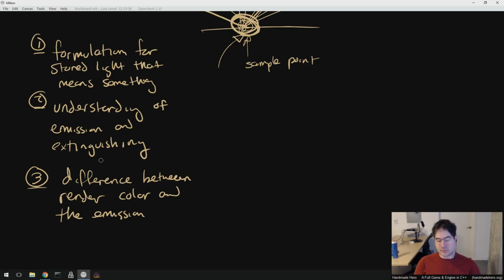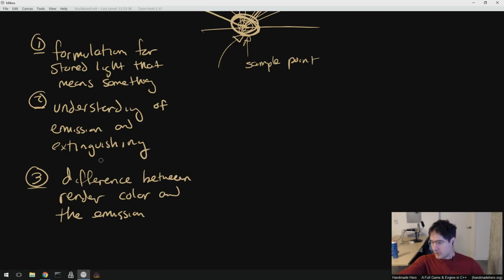Now, that result is the same result that we use to bounce the light around. So on any given frame, the thing that we draw on the screen is the same thing as what we're saying will be emitting light on the next frame.